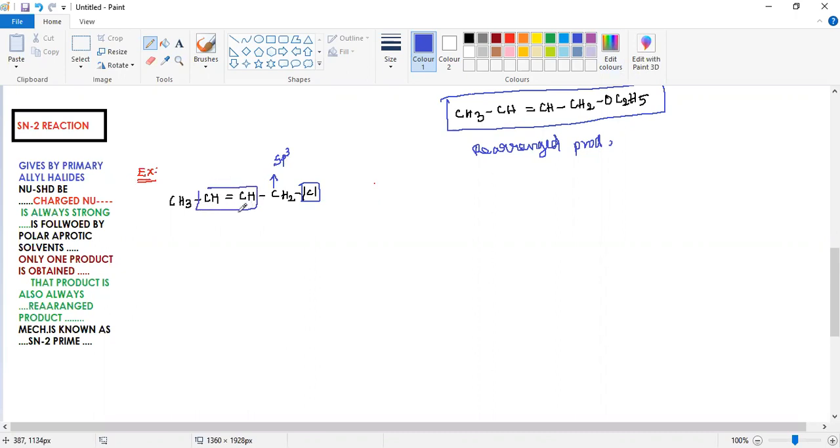So it belongs to allyl halide. And what type? That carbon is attached to only one other carbon, so it belongs to primary allyl halide. Now it should react with a charged nucleophile.